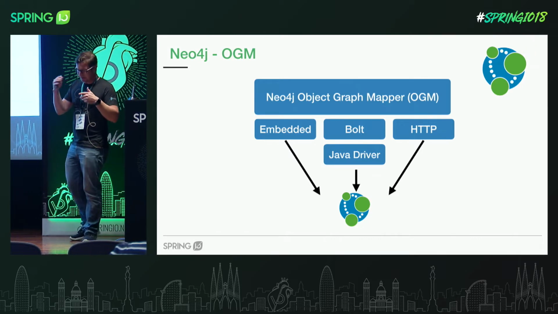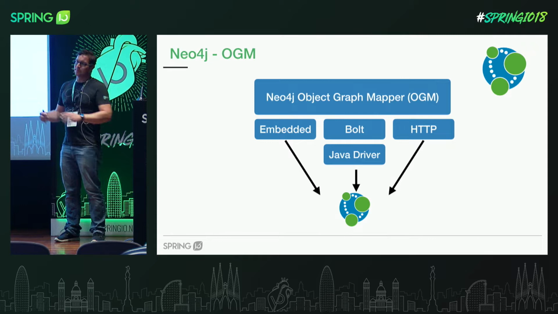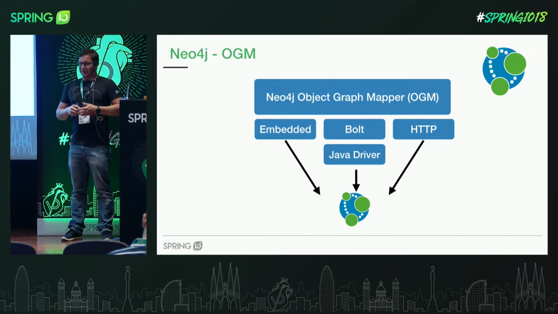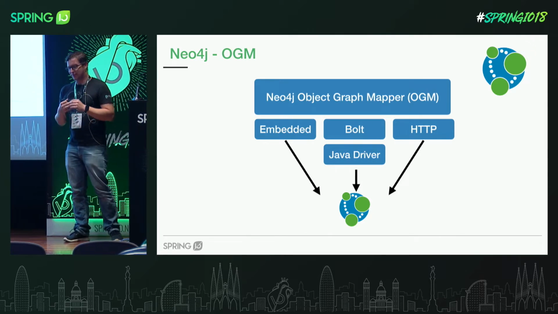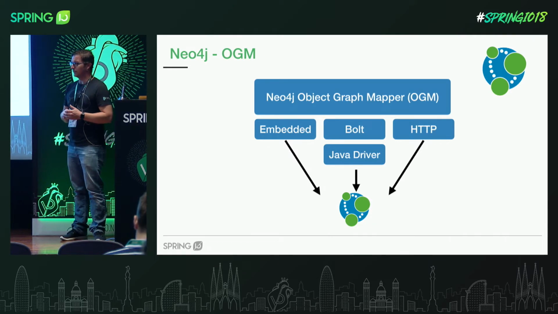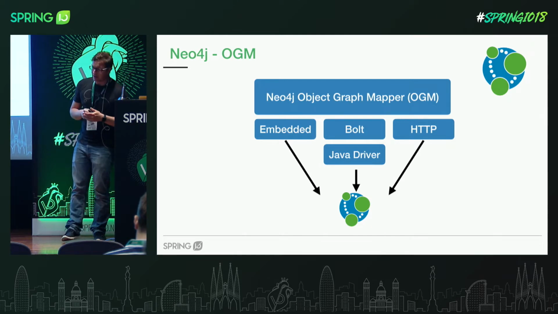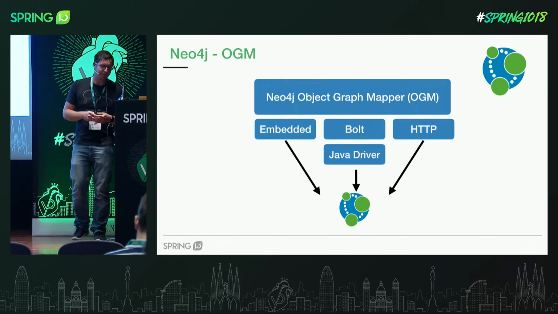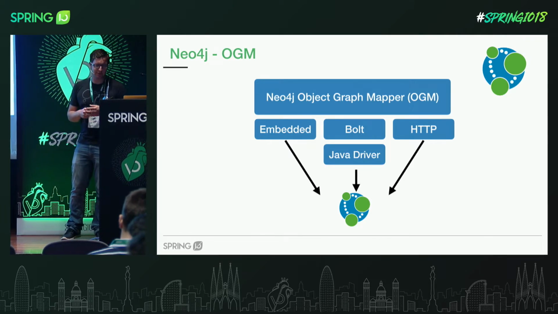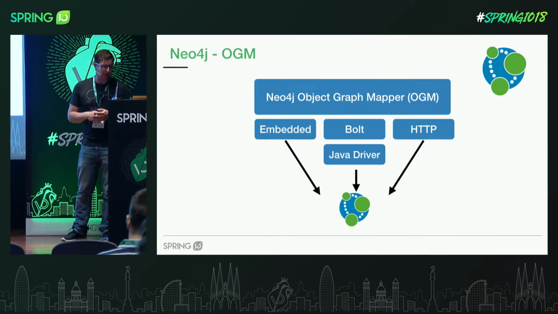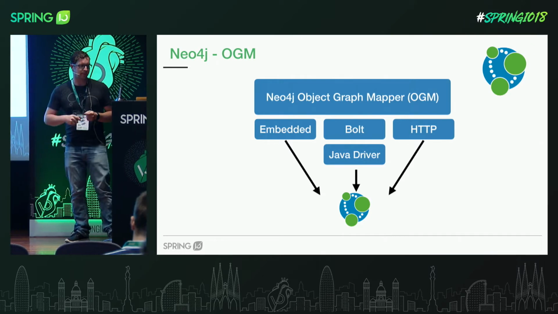So if I speak about SDN4, we pull in OGM. If I speak about SDN3 or earlier, we're strictly speaking about something like a predecessor of Spring Data Neo4j that was just interacting with this embedded API and had more power, you can call it so, but we cannot call this Java API over HTTP or Bolt.